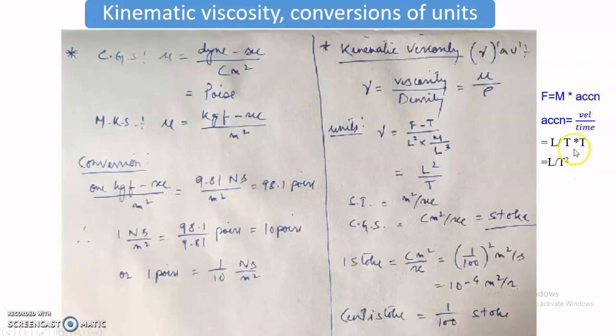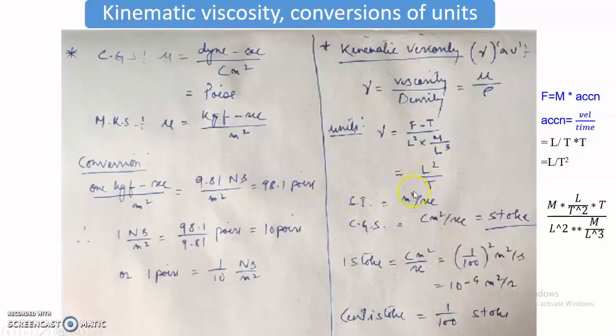Then let's put this into the equation for force: mass into acceleration L by t square, into this t here, then this L square here into this density m by L cube. If you simplify this, finally we get L square by t, which is the unit of your kinematic viscosity.